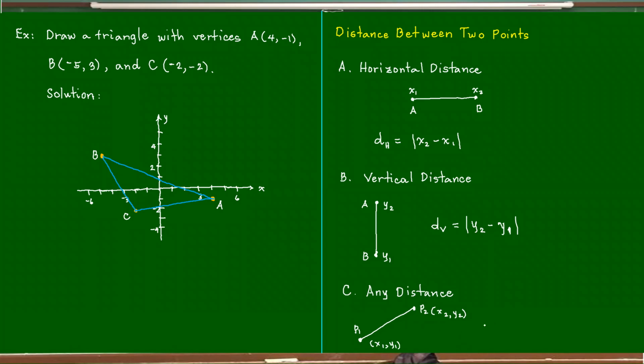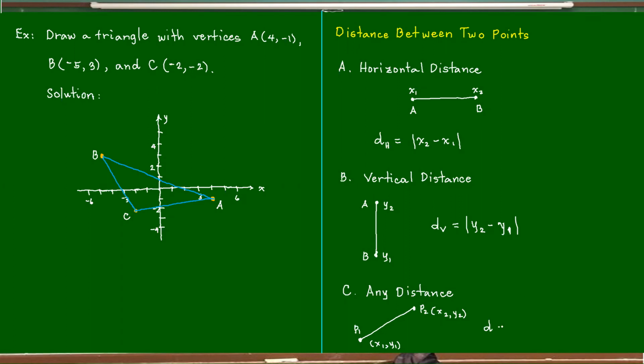Now, to get the distance between the two, you are going to extend this point to the right. Then here below, you will be able to come up with a right triangle. Then you apply the Pythagorean theorem to the three sides, okay?